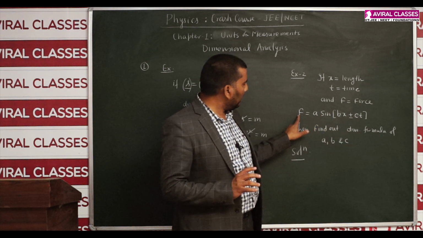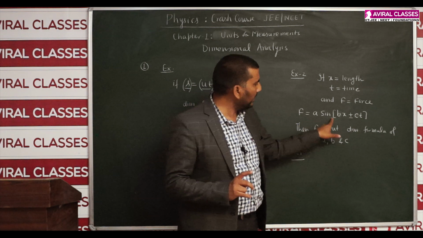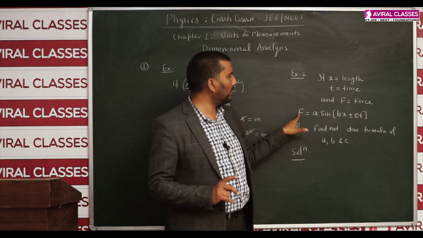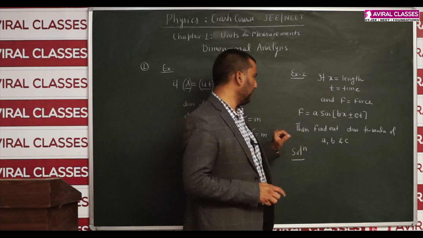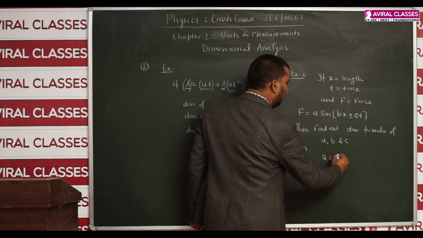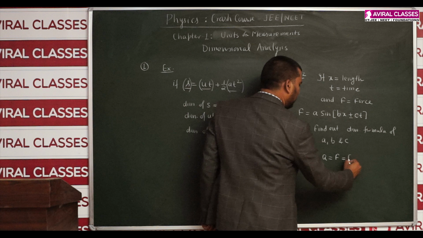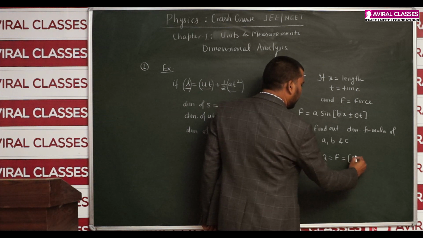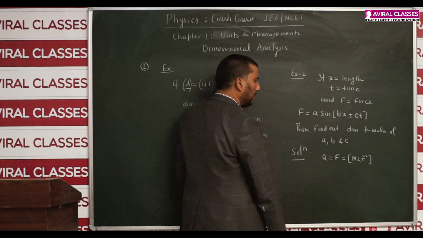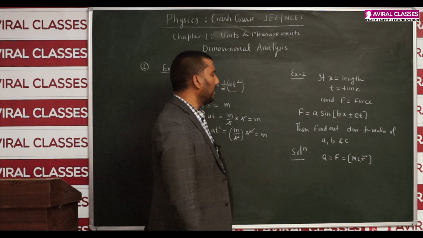So on the left hand side it is force and on the right hand side it is A, and sine is not having any dimension, so A must be equal to F dimensionally. So the dimensional formula of A must be equal to F. If I write the dimensional equation, I should write force. We all know it is mass into acceleration, and acceleration is LT minus 2. So the dimensional formula of A is MLT minus 2.